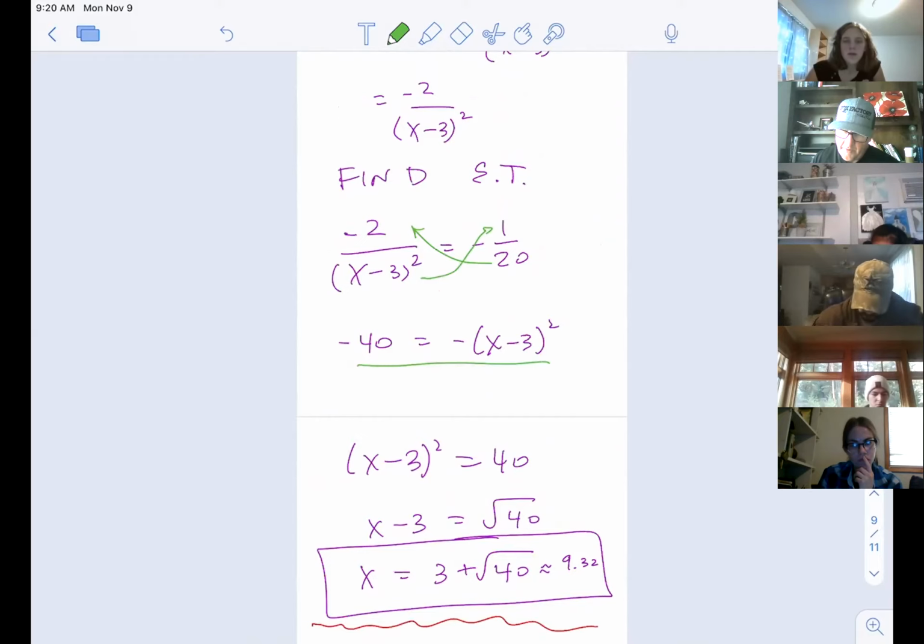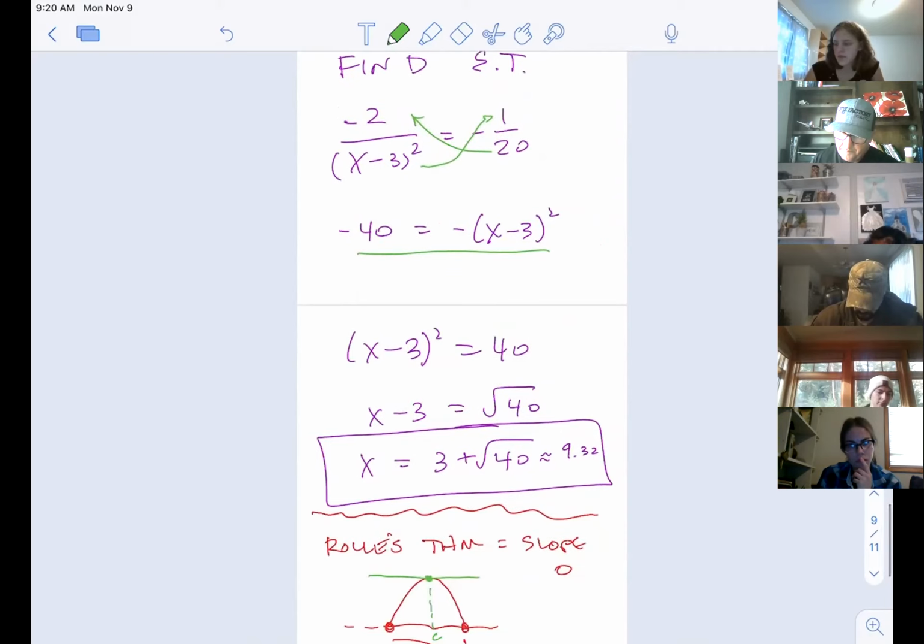And then I saw they're both negative, so I'll multiply both sides by negative 1. And then I square rooted both sides, the x minus 3 to get rid of the squared, and the 40, and then I added 3. Oh, okay. I put negative 1 over 20 in for the x.